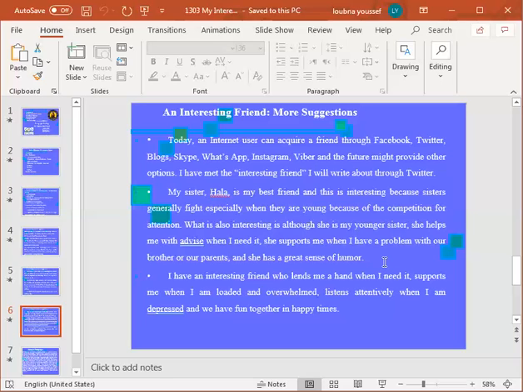And each controlling idea shows that the writer is thinking clearly and is introducing ideas that show that the reader will want to find out how this interesting friend can be of help when the person is loaded. Loaded means when the person has a lot of work to do, or when the person is overwhelmed.